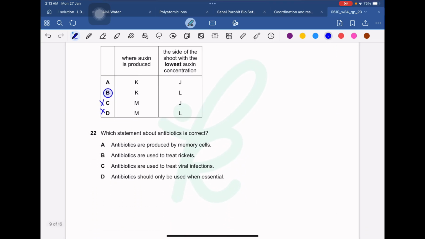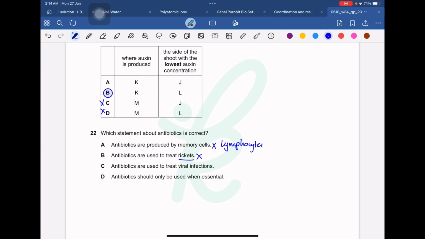So that's why the option for this question will be B. Let us move on to the next question. Which statement about antibiotics is correct? So let us read the options. Antibiotics are produced by memory cells. That's not true. It is produced by lymphocytes. Next, antibiotics are used to treat rickets.